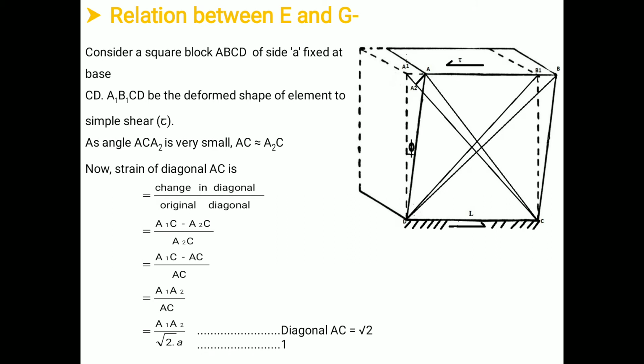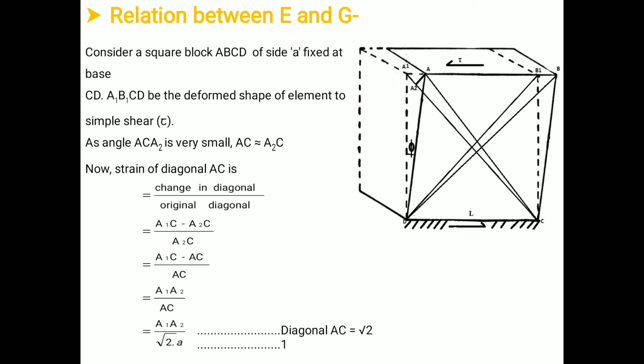But as we know that A2C is approximately equal to AC, we have A1C minus AC upon the original diagonal AC. A1C minus AC is A1A2, which is the change in diagonal, divided by AC, the original diagonal of the block.